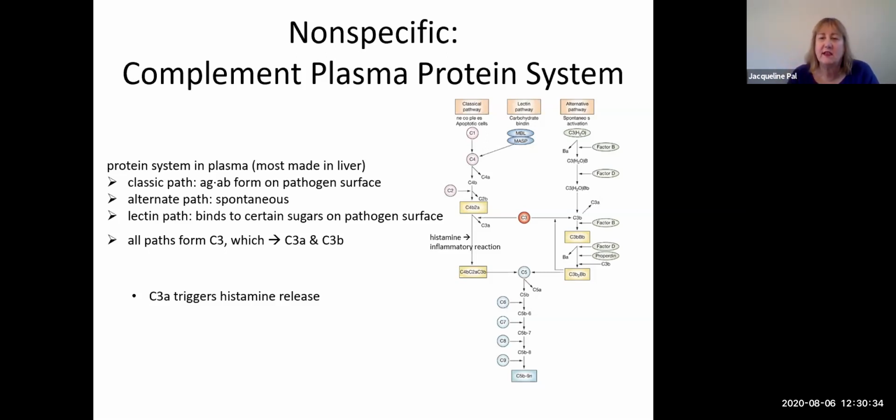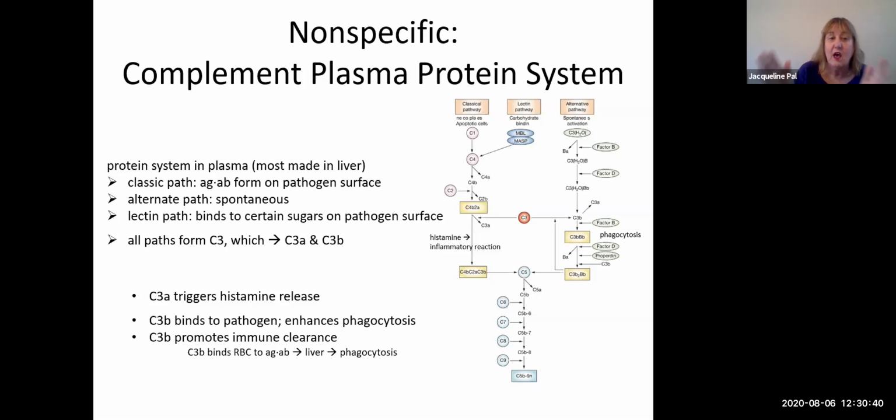In contrast to the histamine effects of C3A, C3B doesn't care about monocytes, but what it cares about are your neutrophils and your macrophages that can do phagocytosis. And so it's going to turn the burner up on your phagocytes so you have more effective phagocytosis. So hopefully you can clear all the bad stuff. So they are doing that.